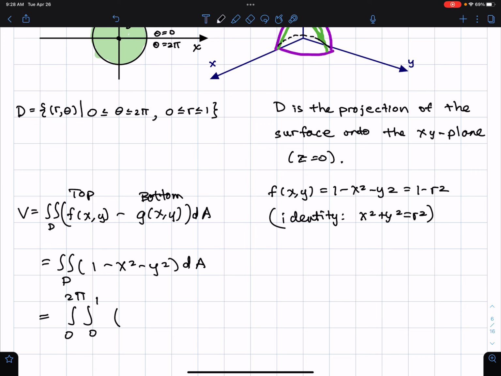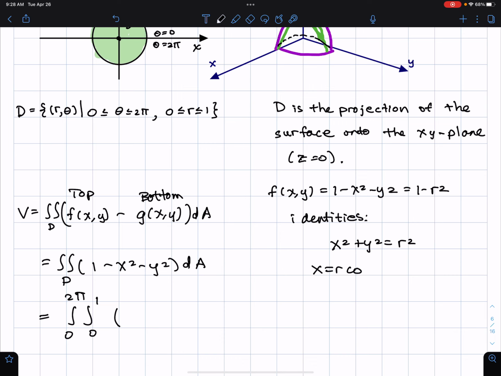Let me write down the main identities that we're going to use. There are just 3 of them. I have x squared plus y squared equals r squared, x equals r cosine theta, y equals r sine theta.